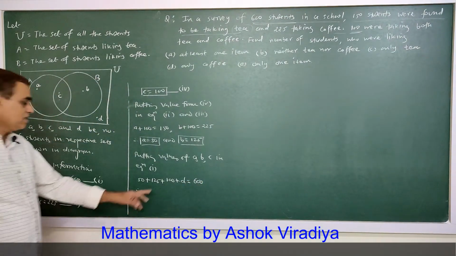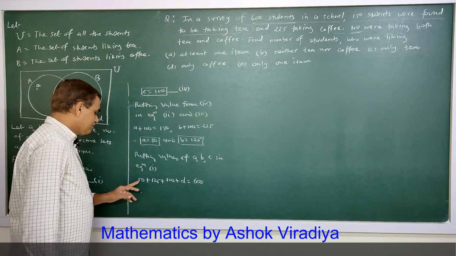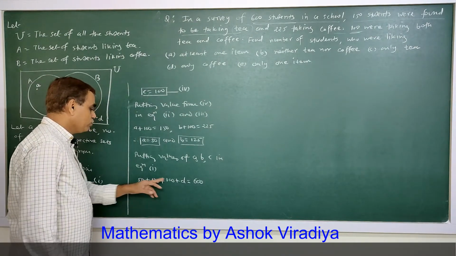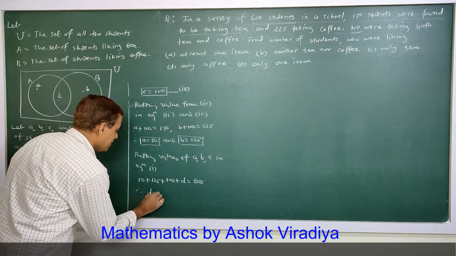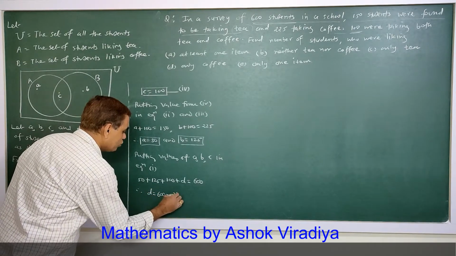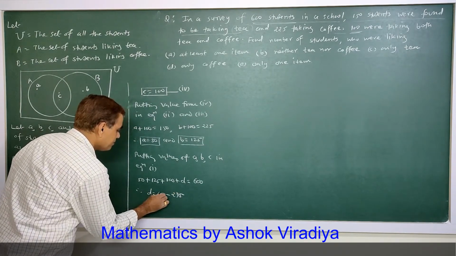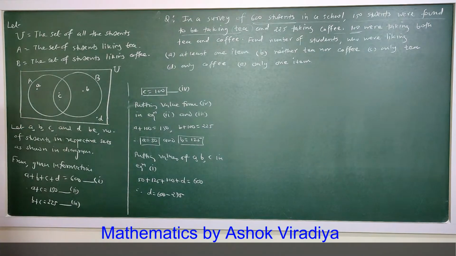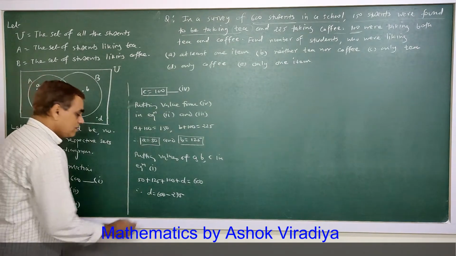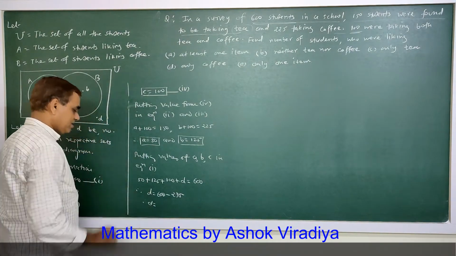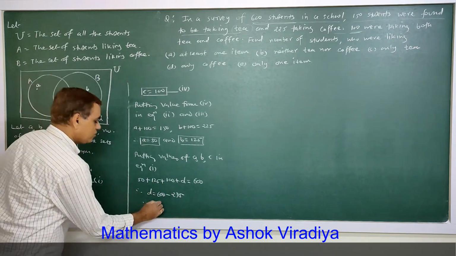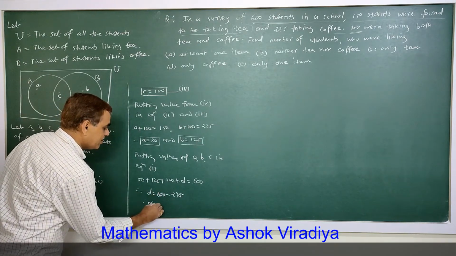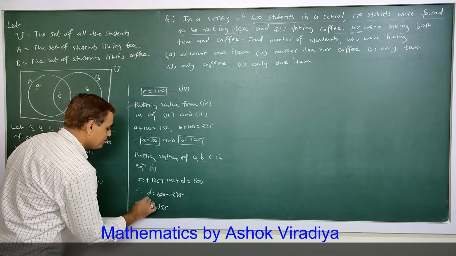So that is 250 plus 25, 275. D is 600 minus 275. So D is 325.